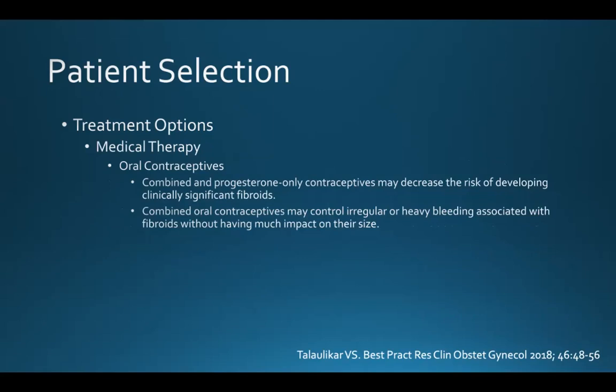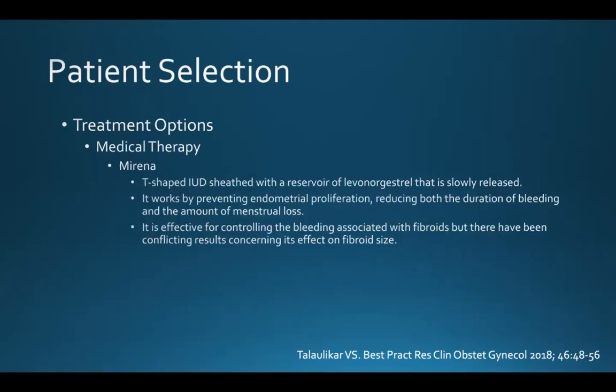Medical therapy should be reviewed as well, and many patients will come to you already on medical therapy. Combined and progesterone-only oral contraceptives may decrease the risk of developing clinically significant fibroids. Combined oral contraceptives may also control irregular and heavy bleeding associated with fibroids, but they don't have much impact on size.